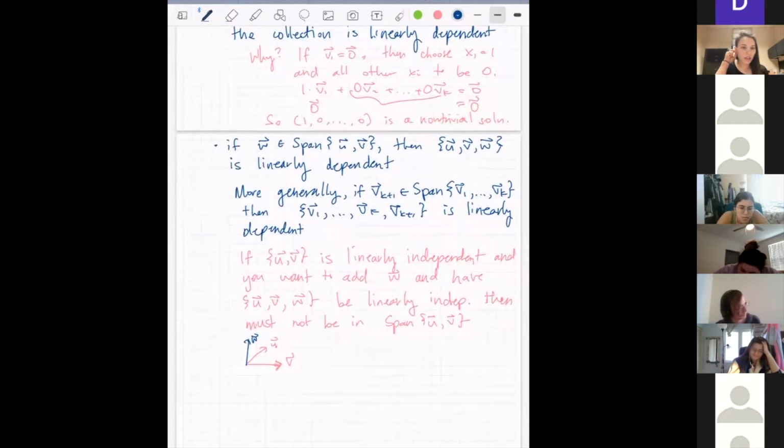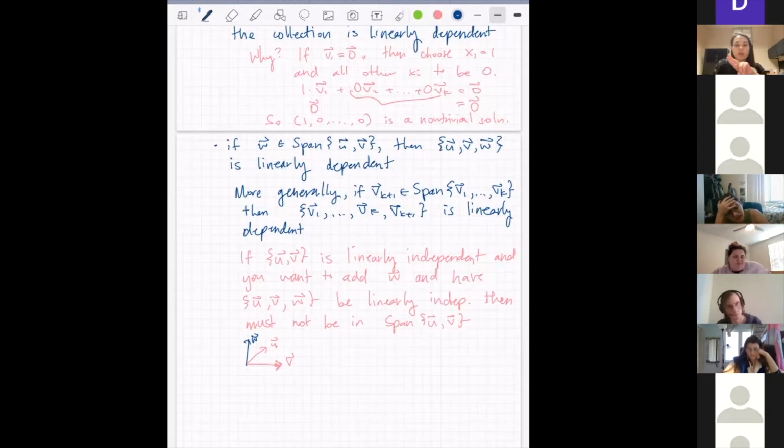Okay, go ahead. I'm curious for the graph. Is there a way to know visually if something is in the span of u and v or not? Well, we can visualize it in R3.